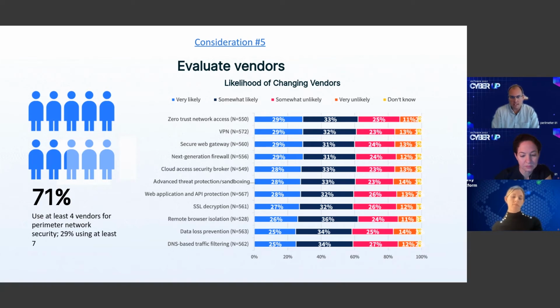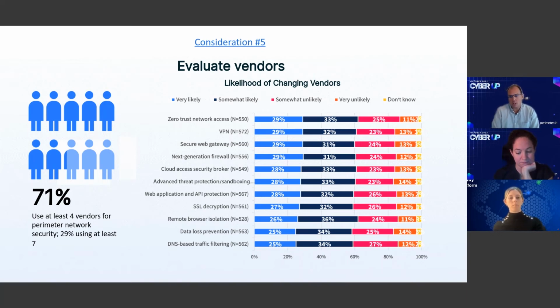We've seen a lot of these technologies, obviously ZTNA and CASB, advanced threat protection, sandboxing, get layered on over time in some cases. And what the data on the right shows, without going into detail, is the likelihood of changing. The light blue and dark blue bars are very likely and somewhat likely to change.